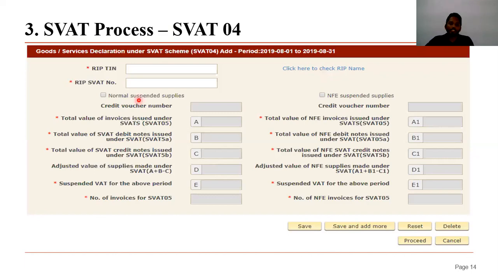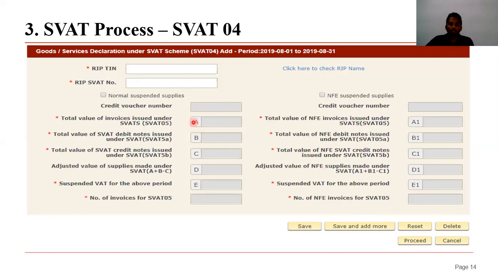Then you need to tick the normal tax suspended supply term, because you are not going to supply non-foreign exchange, because this is mainly related to the government apparel sector. This is the area you need to fill. You need to enter the credit voucher number as RIS. You are not required to enter.